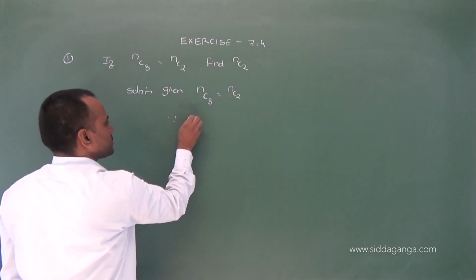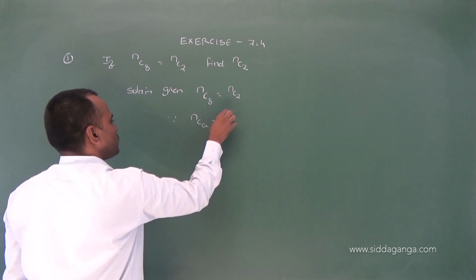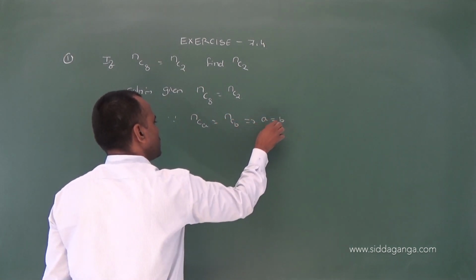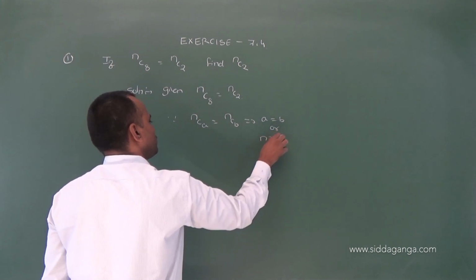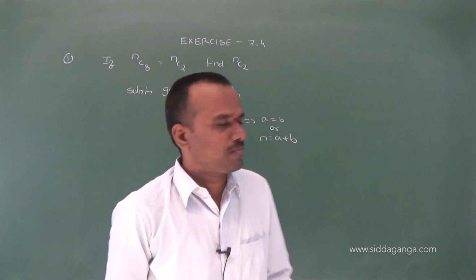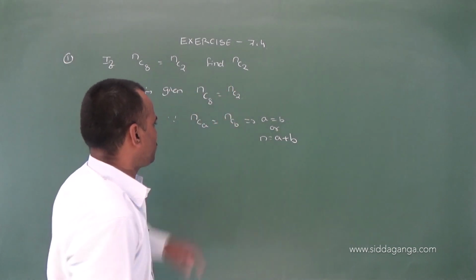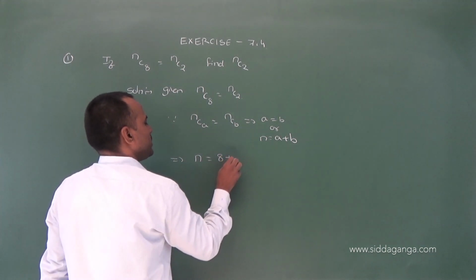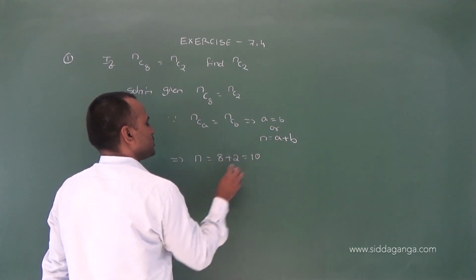Since NCA is equal to NCB, that implies A is equal to B or N is equal to A plus B. Here A is not equal to B, that implies N is equal to A plus B, 8 plus 2. Answer is 10.